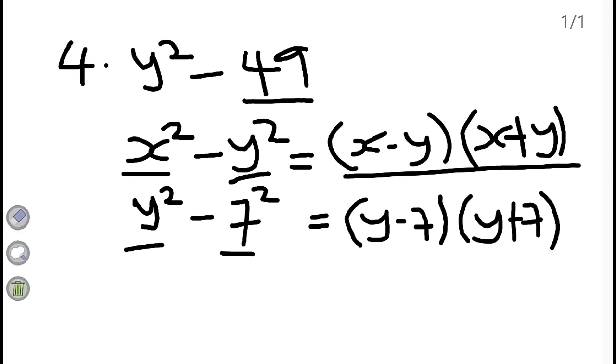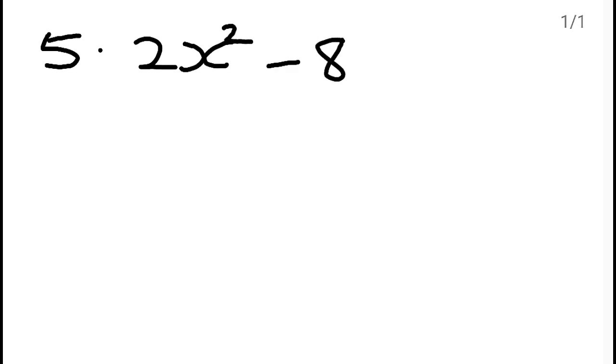Let us go to another one. That is another example, number 5. We want to factorize 2x squared minus 8. How can we do this? Remember that 2x squared is not a perfect square, and this 8 is also not a perfect square. So what should we do?